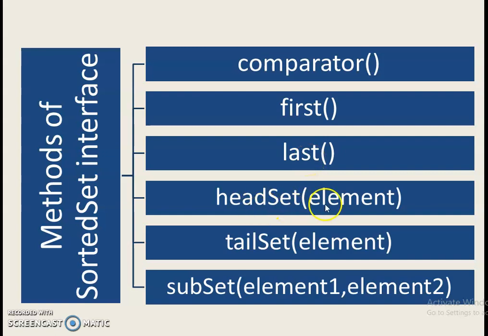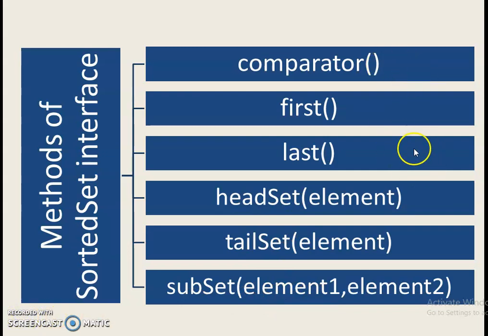The headSet method returns all the elements before the specified element and it does not include the specified element. Next we have tailSet. This method returns all the elements after the specified element and it includes the specified element. Next we have subSet. It returns all the elements between element 1 and element 2, including element 1.